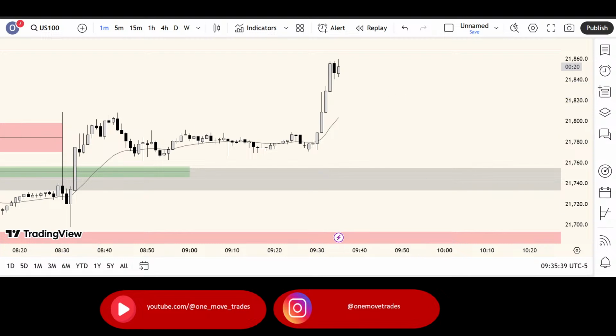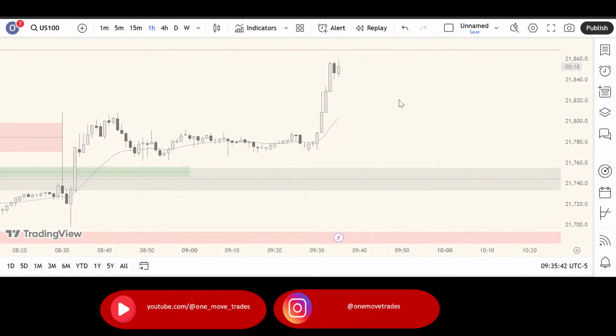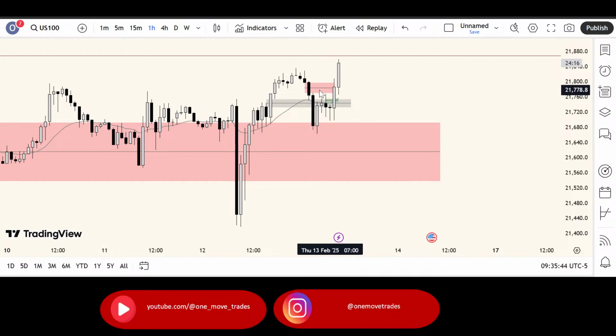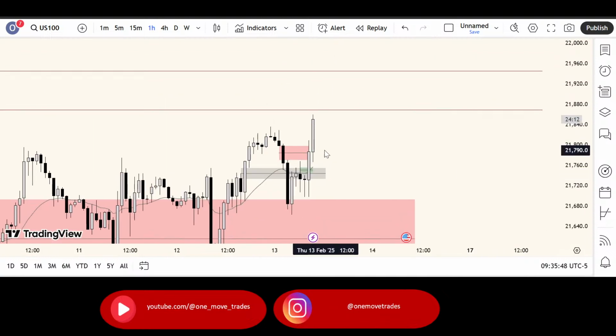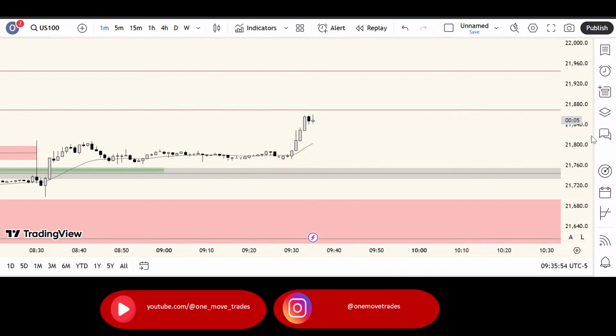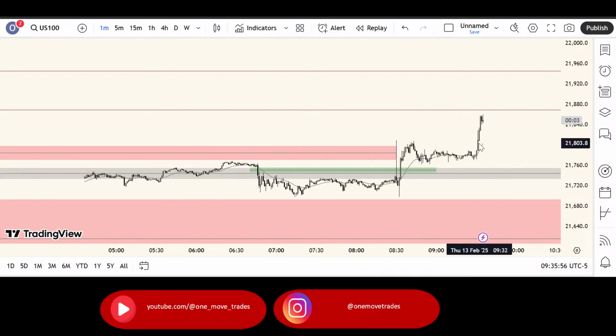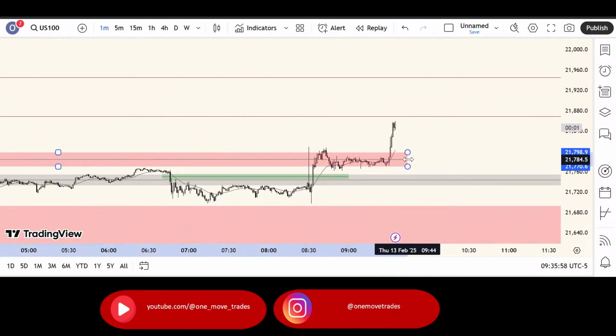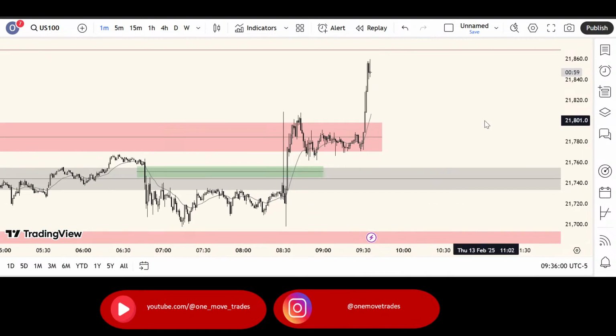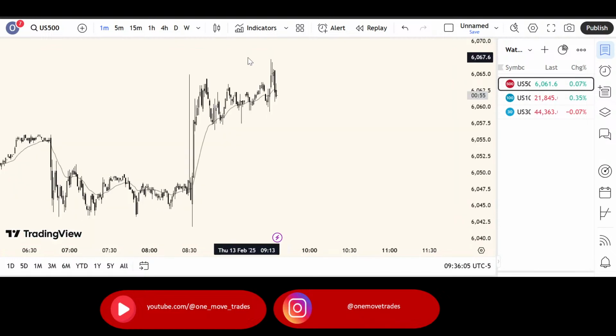If this 1 hour candle closes above this reversed fair value gap, I'm going to try to enter here if price will come back and reach this area. It will be a key level for me to focus on.